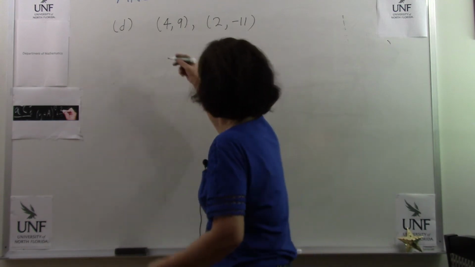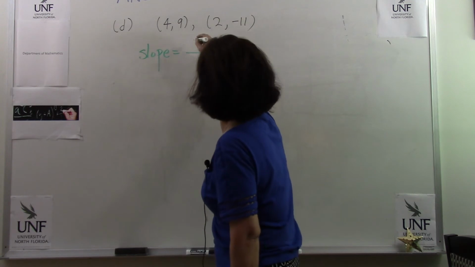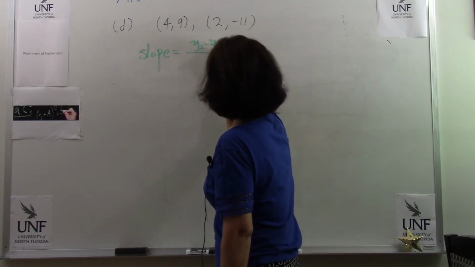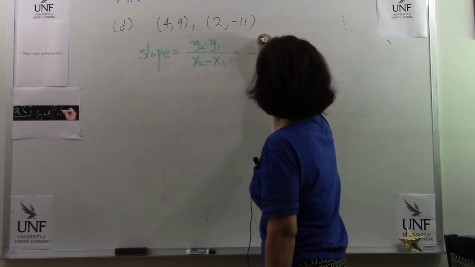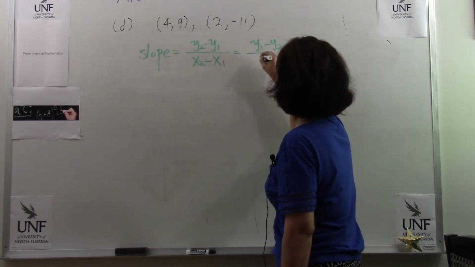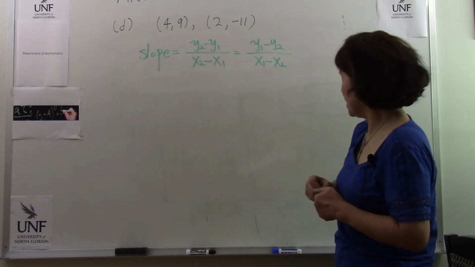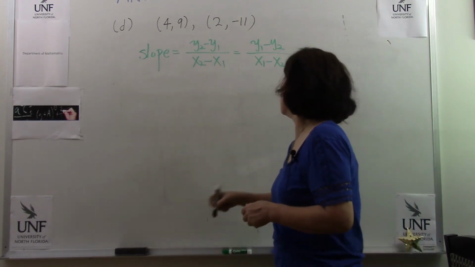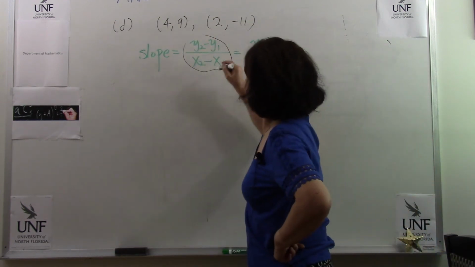Slope formula is one of the most famous ones. So y2 minus y1 over x2 minus x1. Of course, you can say y1 minus y2 over x1 minus x2. So I'm going to just use this.